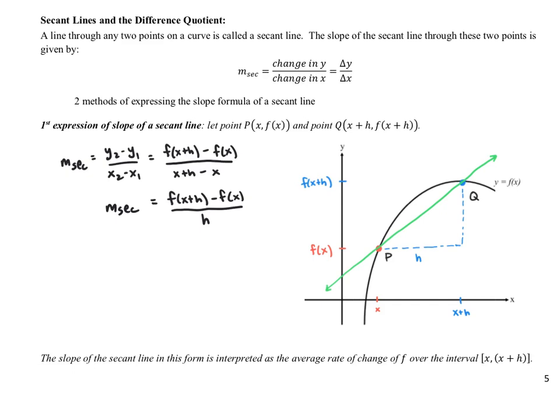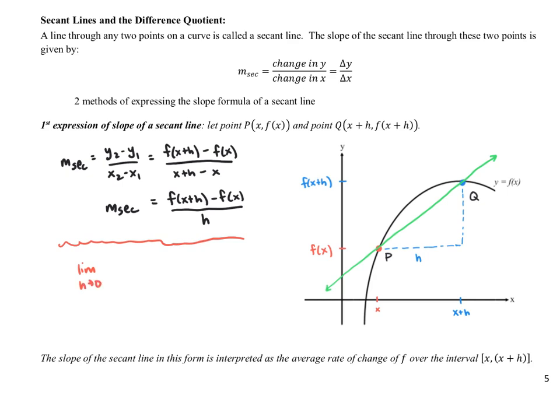Okay. Now I want to make just a quick connection to the tangent line, which isn't really a part of this section. We're not really technically doing any calculus right now because that's really going to start off in chapter 2. But let's say that we want to look at the limit as h goes to 0.